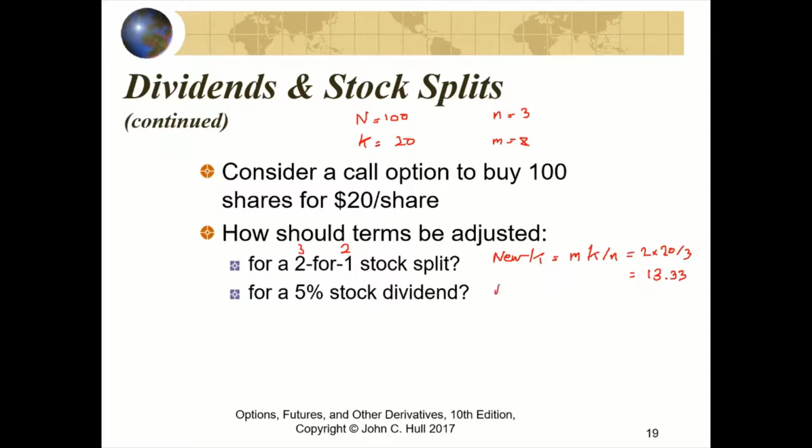Okay, how about the new number of shares or number of options included in the contract? It equals n times capital N divided by M, which means 3 times 100 divided by 2, and this will give us 150.